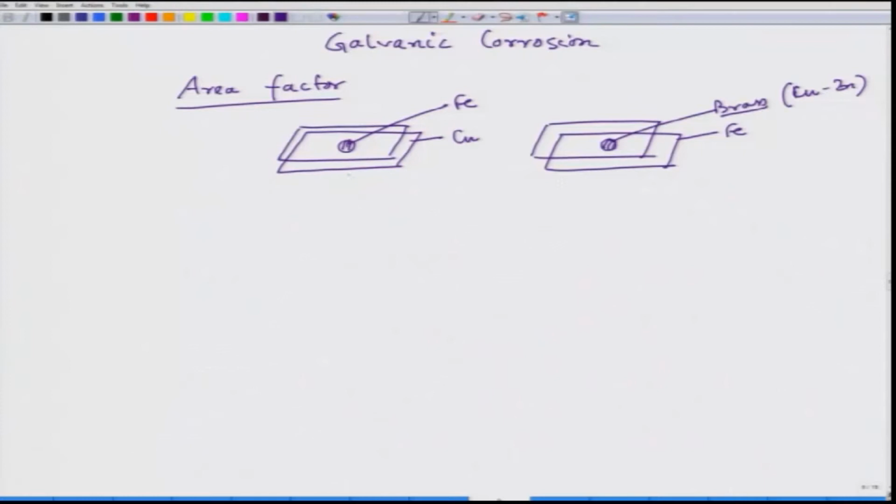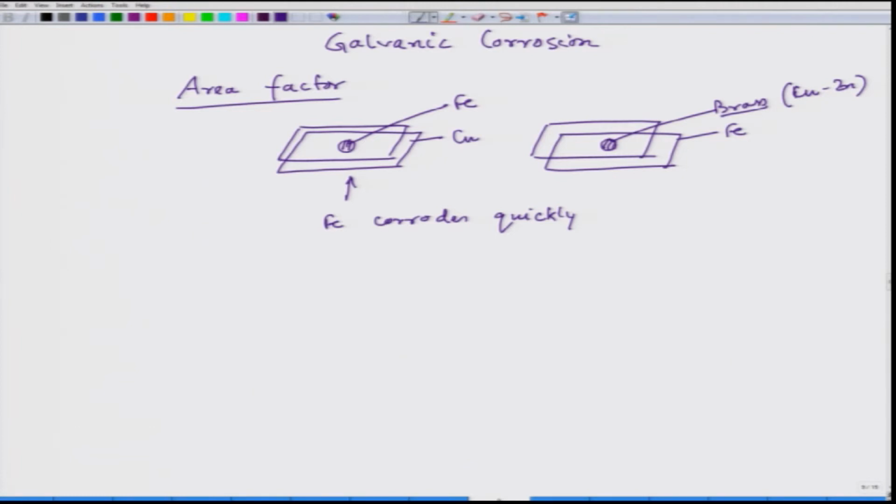There also the galvanic effect is active. In the first case, iron corrodes quickly since iron is active as compared to the copper plate, and then the joint becomes loose.